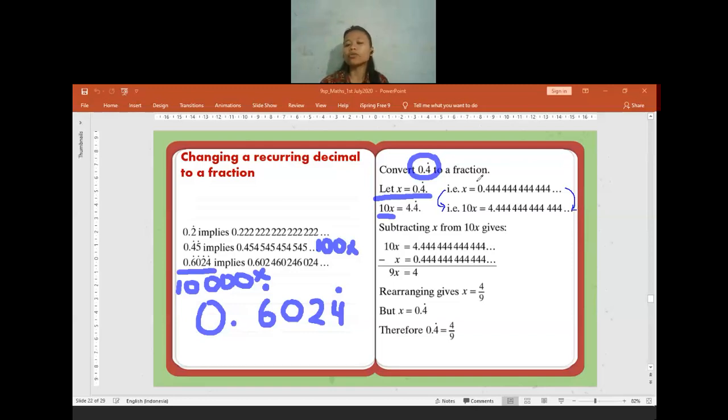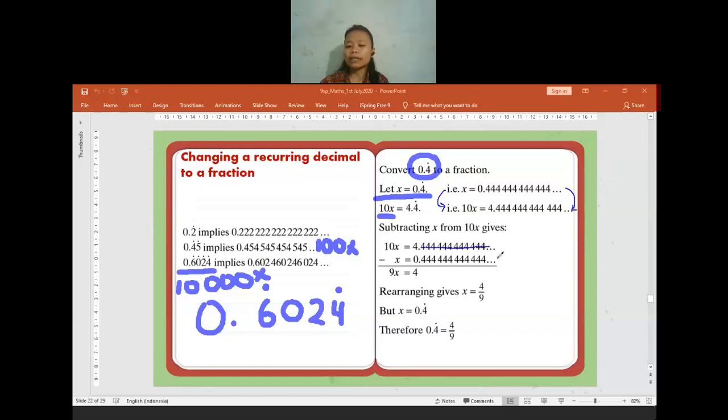After you are able to make these two equations, you write the higher one and then the smaller one. So 10x and x, the higher one is 10x. That's why I write 10x equals 4.4444, and then x equals 0.4444. As you can see, the decimals are already equal.